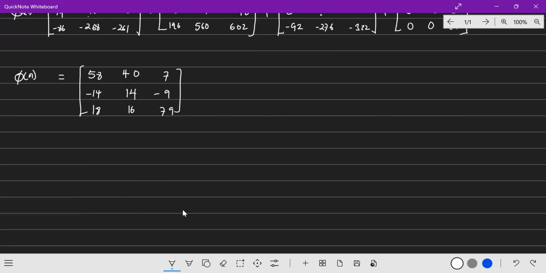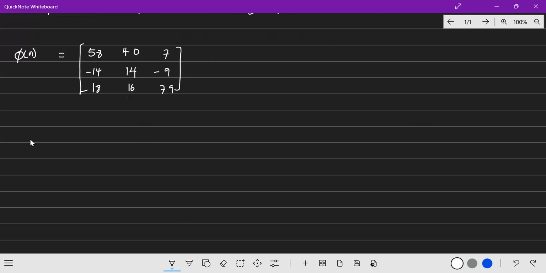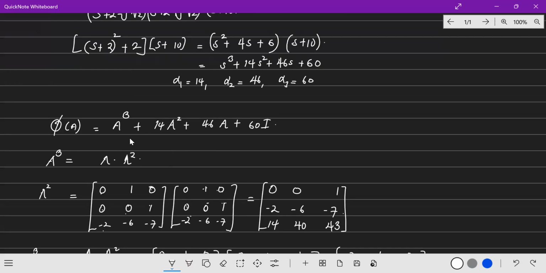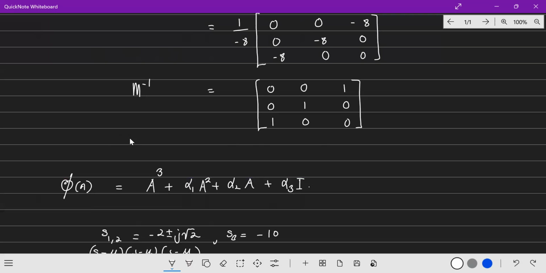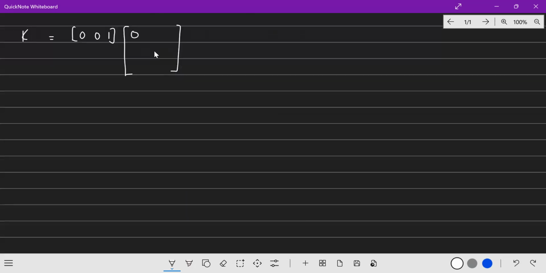Okay, so now let's remember that K is simply 0, 0, 1 multiplied by M inverse, right? So M inverse we found is what? 0, 0, 1, 0, 1, 0, and then 1, 0, 0, like this.